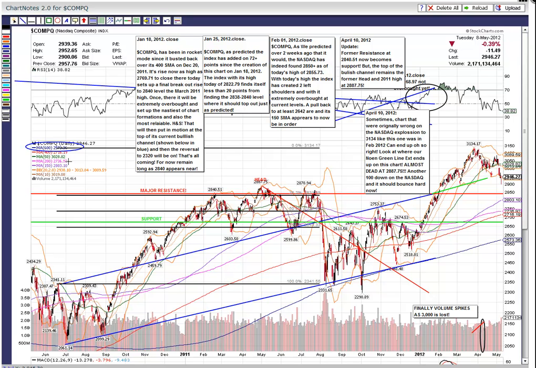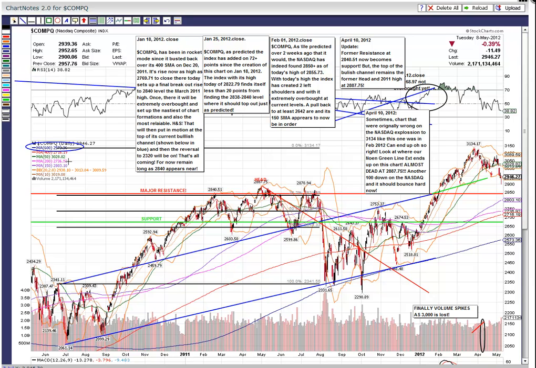A drop down to 2850. One that sees potentially a bounce off of that, but one that even by the end of this week, as I said on Face the State here in Reno this weekend, the Euro crisis raises its ugly head yet again, and there's your reason for a sell-off that was needed anyway, but now it's going to be a much bigger one.